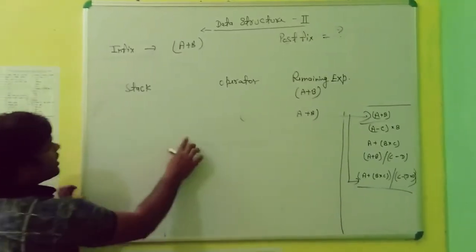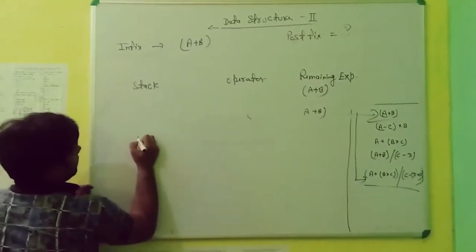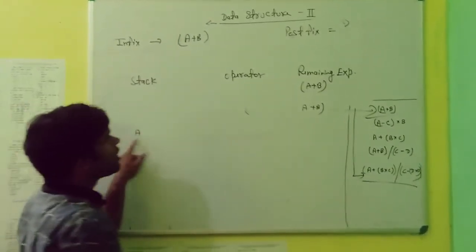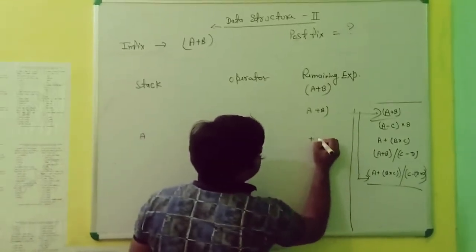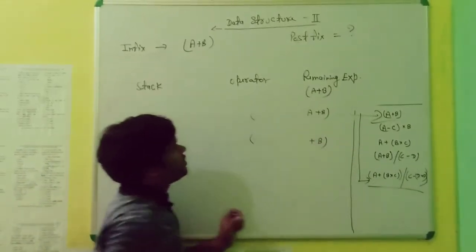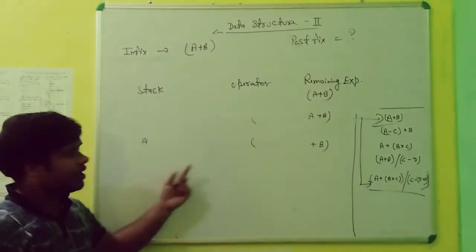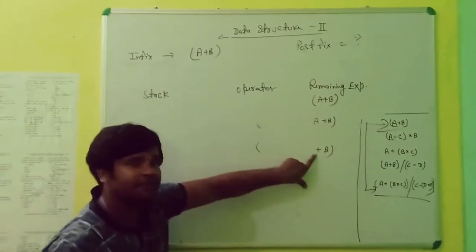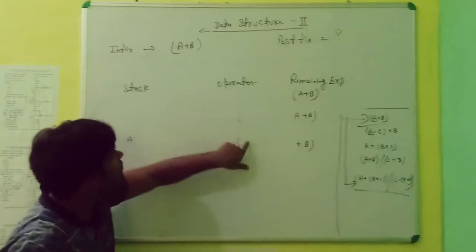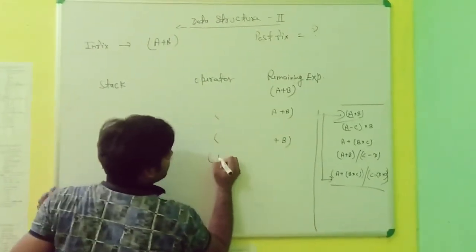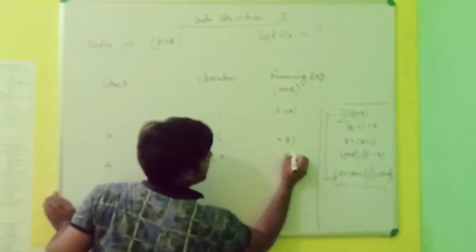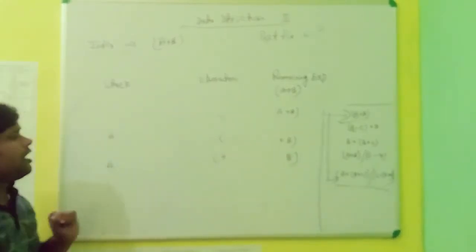The third step: a will be here, small bracket will be here, and what remains is plus b, small bracket. Now again, plus is an operator, so it will come in the operator column. So here a will remain in the stack, here small bracket plus, and here remains b and the small bracket closing. After that, what do you see?